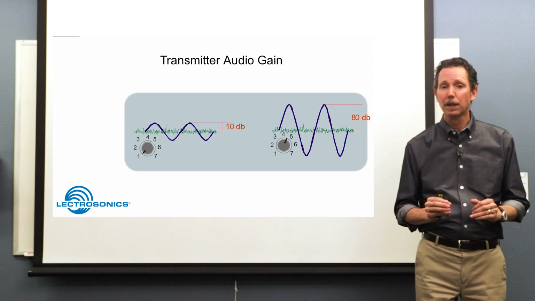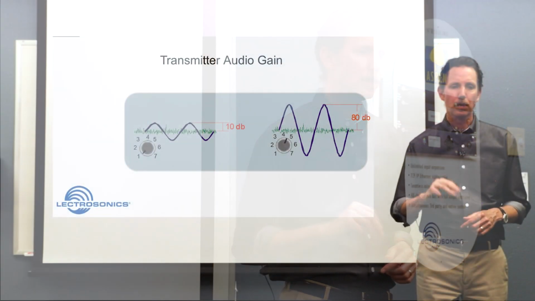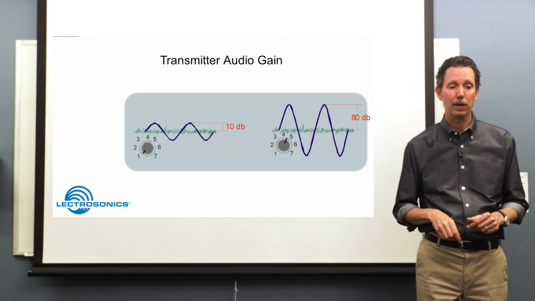In the transmitter, if you don't have enough audio gain, then the native channel noise, it's called, that's the channel of the transmission itself, and all systems have it to some extent. Newer systems, better systems, digital wireless, all have a low noise floor, but there's still noise there. We want to have a good solid audio signal before it gets into that transmission so that you've got a good signal to noise ratio to work with, just like in any other audio system.